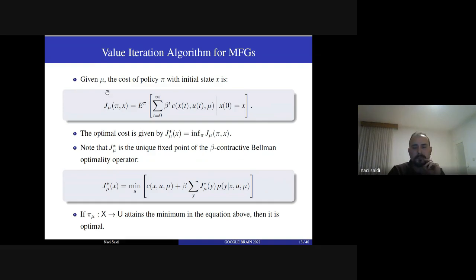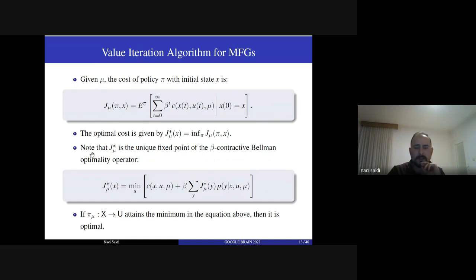And given mu, the cost of policy pi with initial state x is defined like that. And the cost function is the infimum or the minimum of this function j mu pi x over pi.